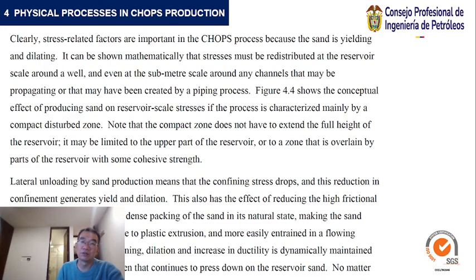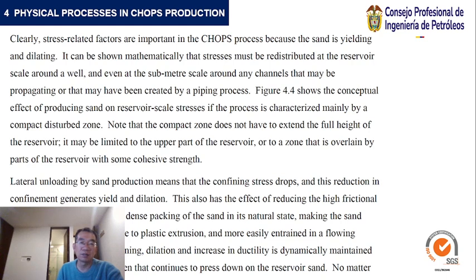Figure 4.4 shows the conceptual effect of producing sand on reservoir scale stresses if the process is mainly by the compact disturbed zone. Note that the compact zone does not have to extend the full height of the reservoir.